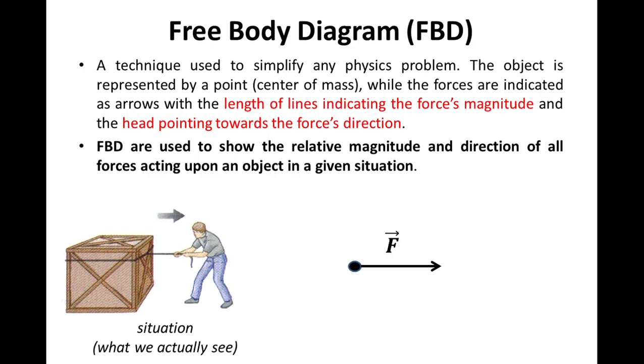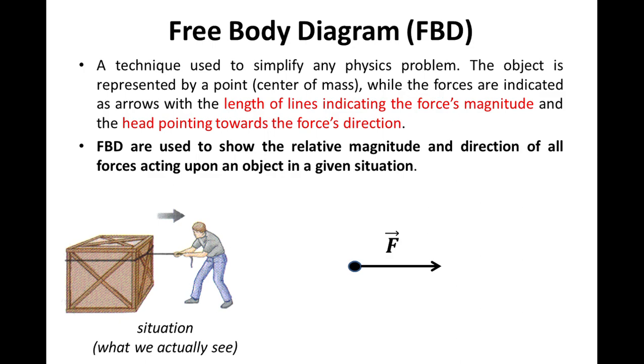It seems to be heavy, so this person is having a hard time moving the box. By observing this, you may see, okay, this person is exerting a force on this box and it is now moving towards the right. So if we create a free body diagram of this situation based on the definition of the FBD, it could be easy.